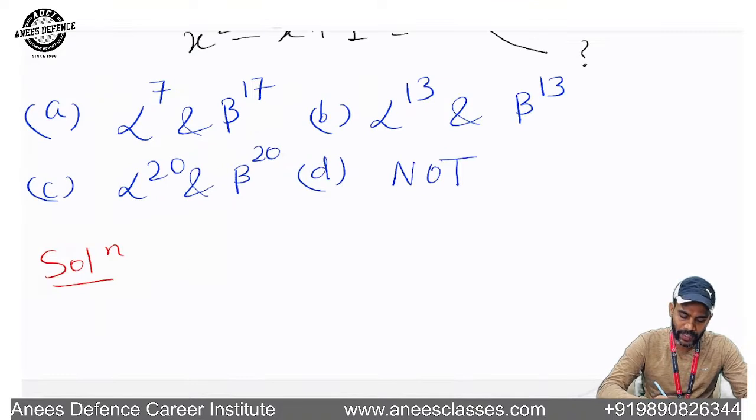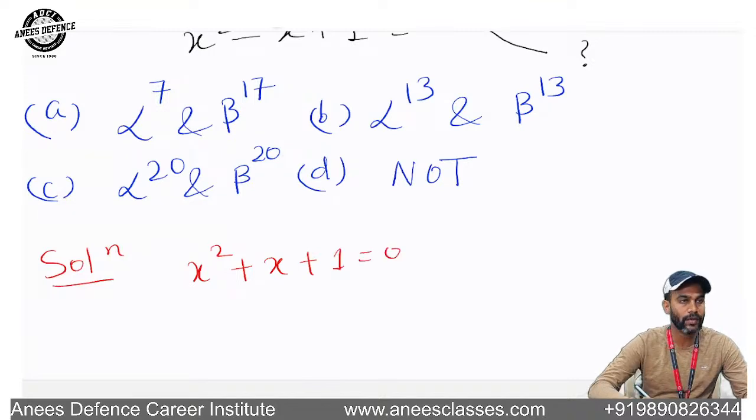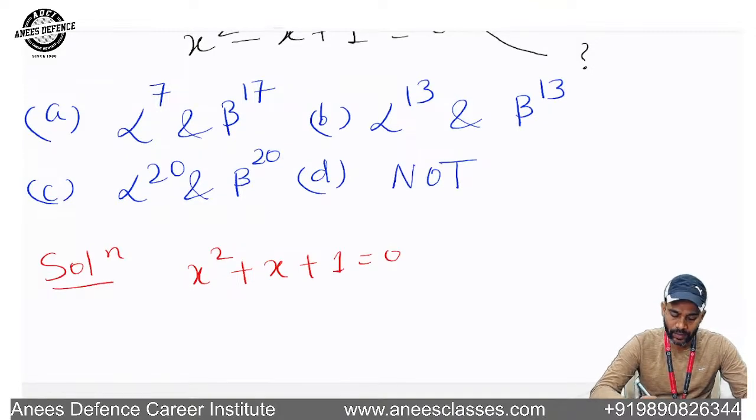So our equation is x square plus x plus 1 is equal to 0, right? Always remember the roots of this particular equation are omega and omega square, which are complex cube roots, or non-real cube roots of unity. Yes or no?